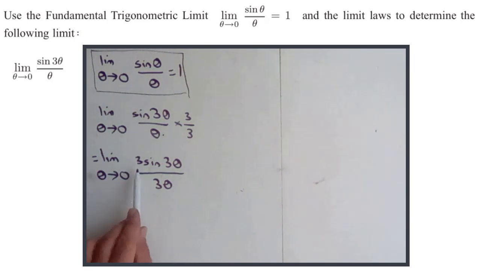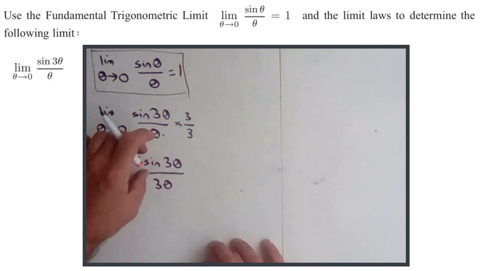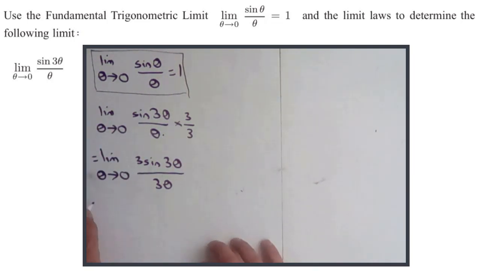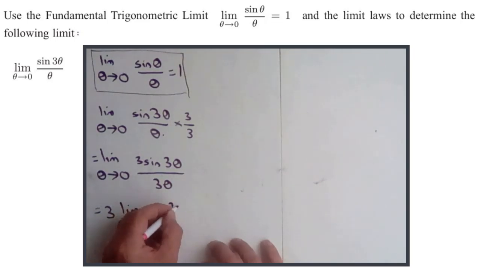This 3, you just multiply it at the end. And one of the limit laws says you can just pull constants out. So I will pull this 3 out. So this equals 3 times the limit as theta approaches 0 of sine 3 theta over 3 theta.